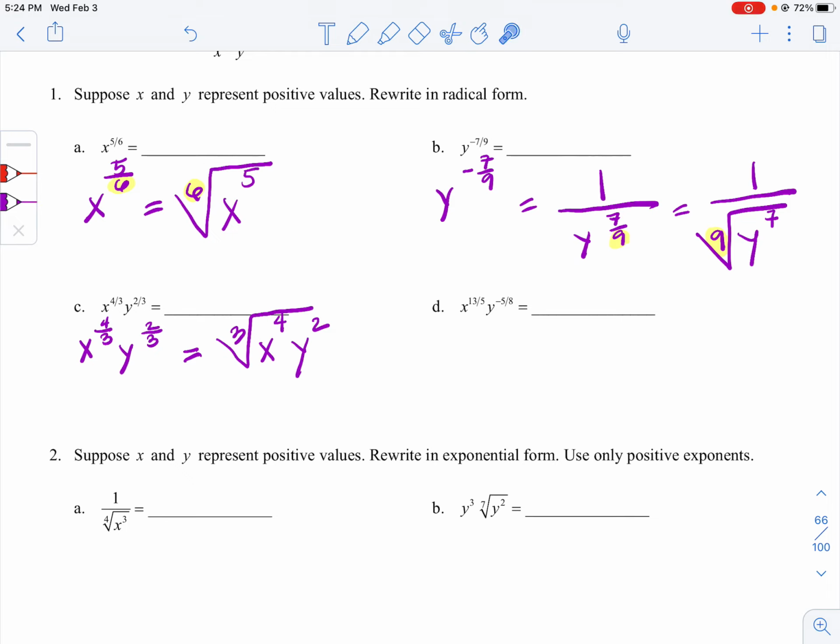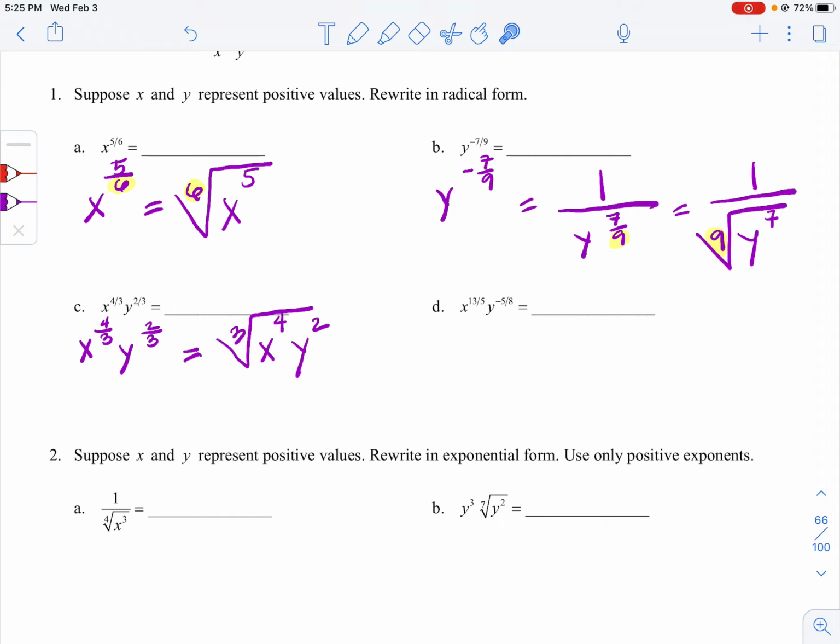But then, you know how I already have a 3 in here? Luckily, this one is also a 3. So they could just reside all together in one radical because they share the same denominator. They share the same root. So I can just put them inside.